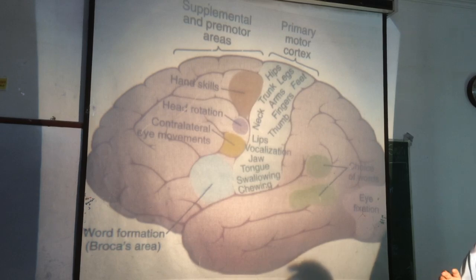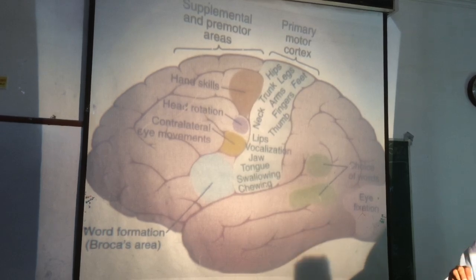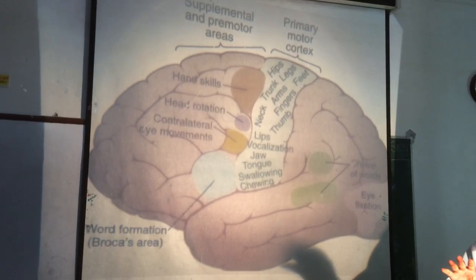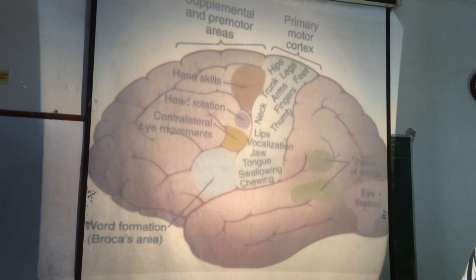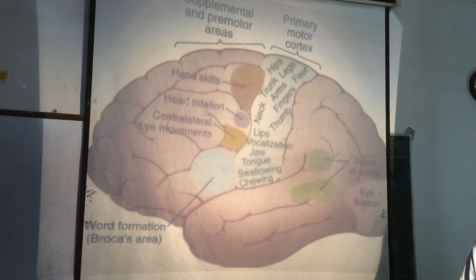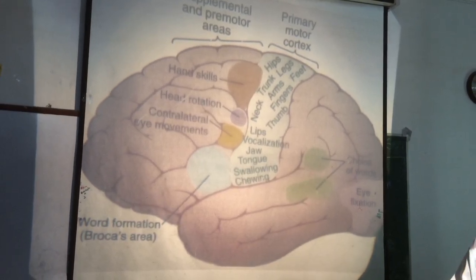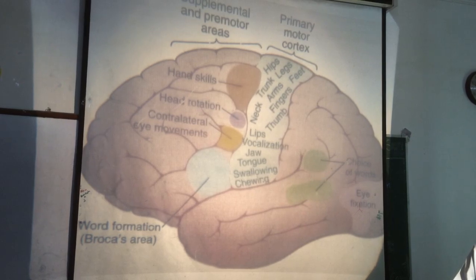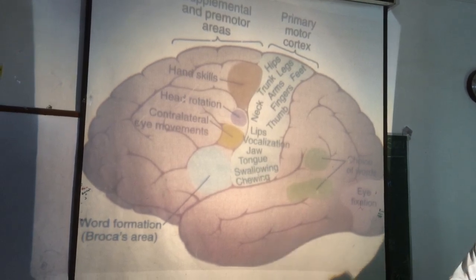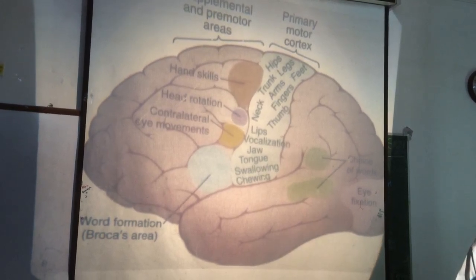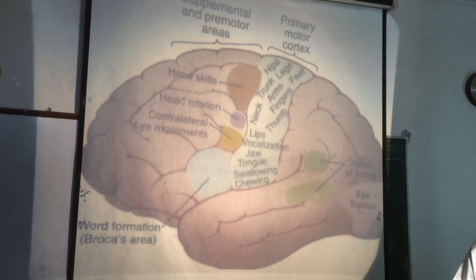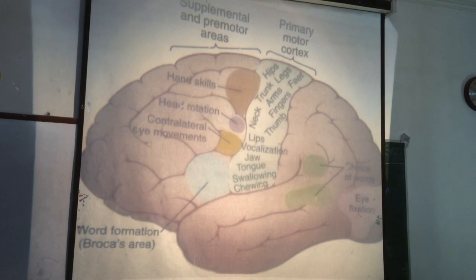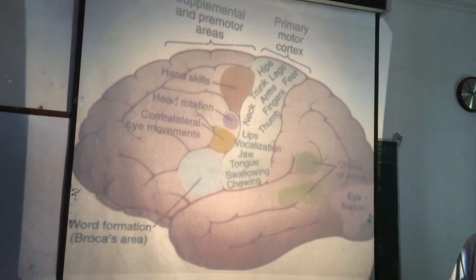The third method is the study of disease having motor loss, and then its correlation with the post-mortem examination. So, study of disease having motor loss, and after death, its correlation with the post-mortem findings. Right? So these are the methods to investigate the motor areas.